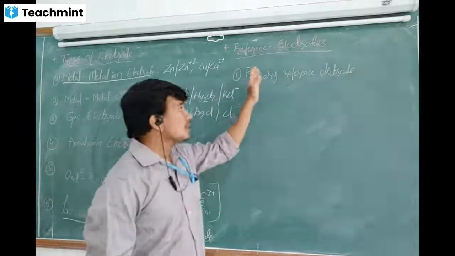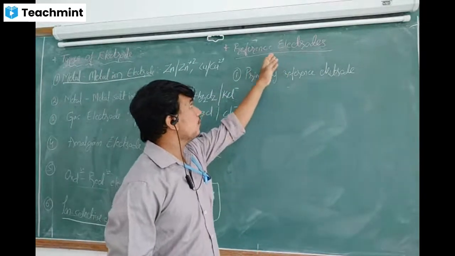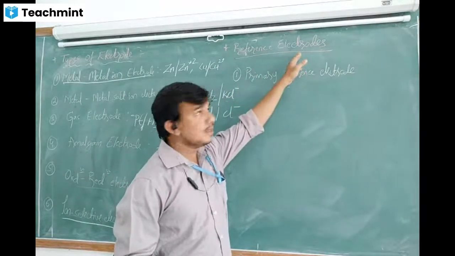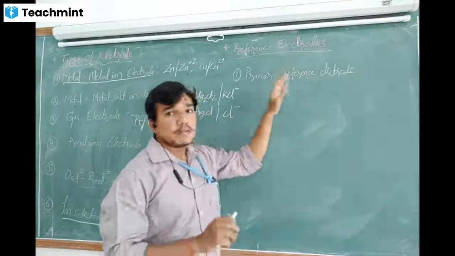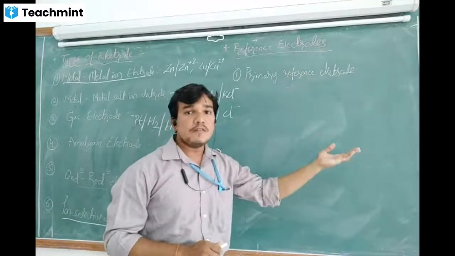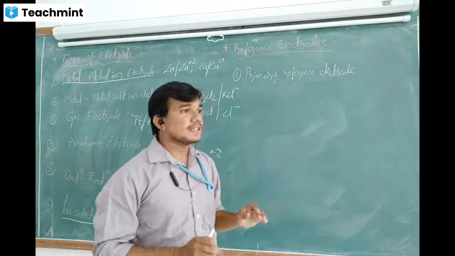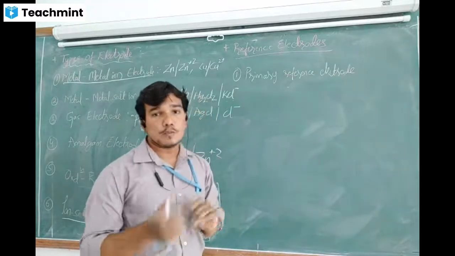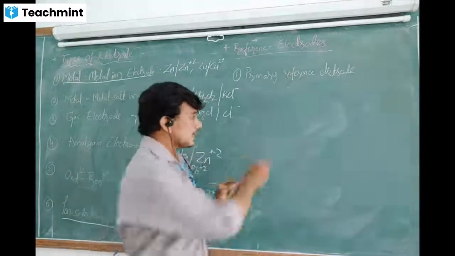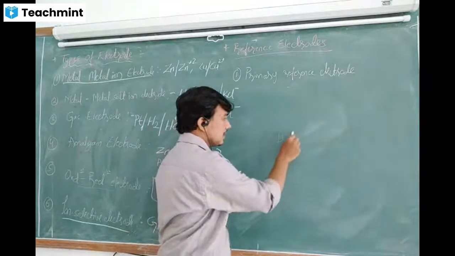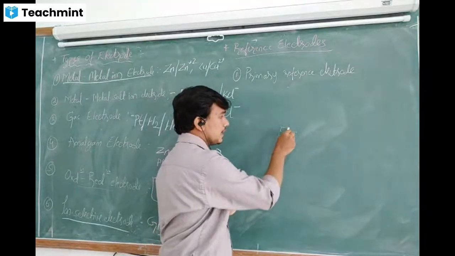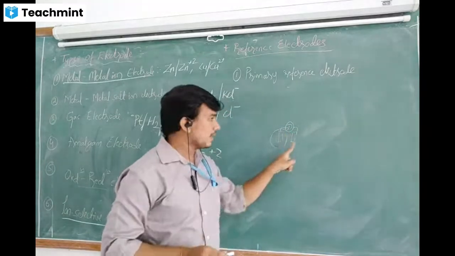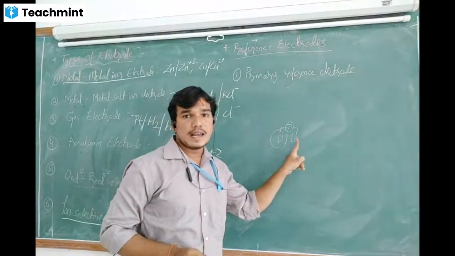Reference electrode means the electrode potential of these electrodes is constant, while we measure the electrode potential of any other metal. Say for example, I want to measure the zinc electrode potential, we will connect the zinc electrode to this reference electrode. We can easily measure the zinc electrode potential by connecting it with the reference electrode.